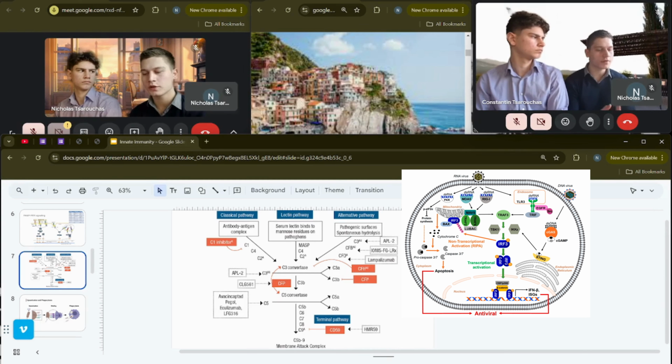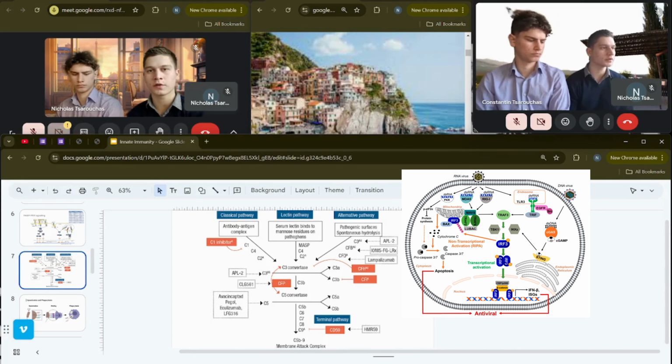So if you have your classical C5 convertase or your alternative C5 convertase, or your C3 convertase present, but you start inactivating aspects of it, it's not able to form a C5 convertase, so you can't bring that onto your membrane.